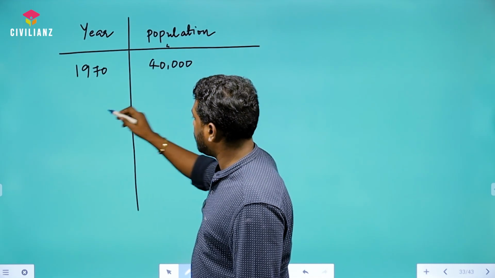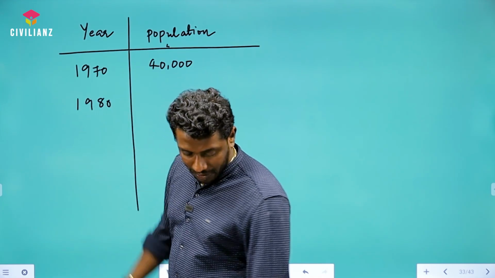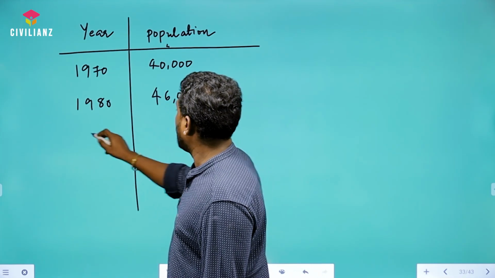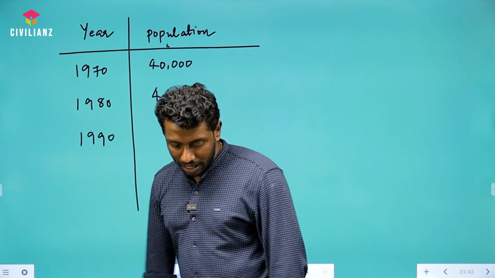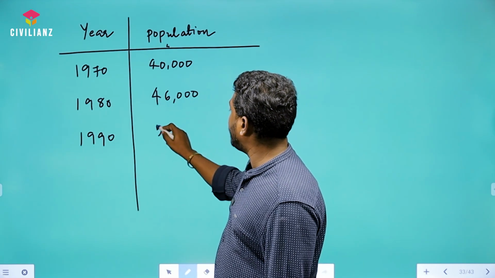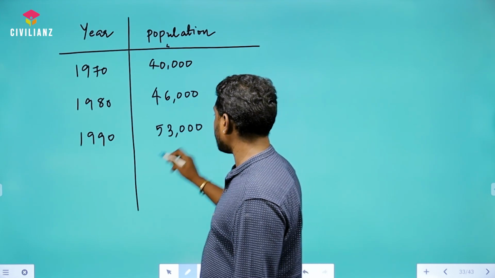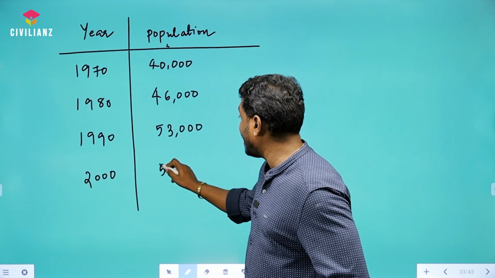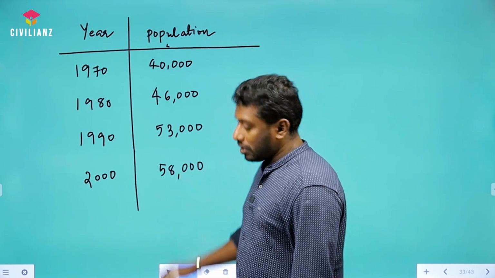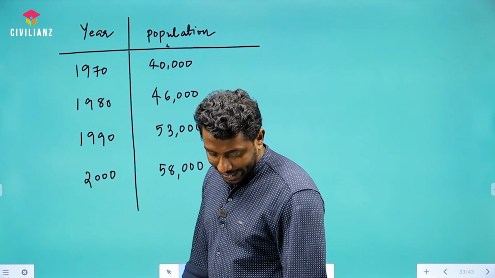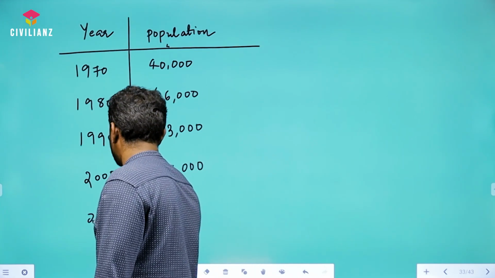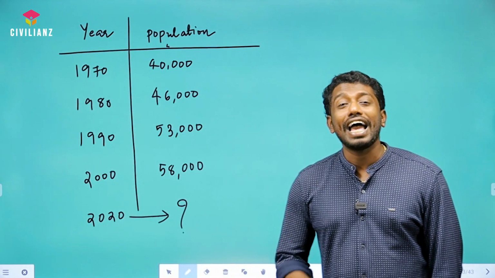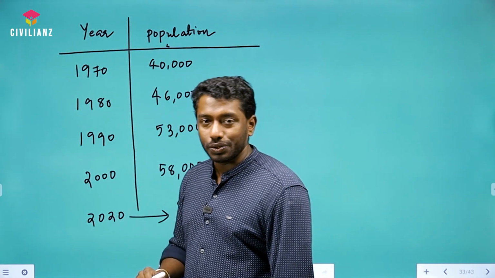In 1980, the population increased to 46,000 from 40,000. In 1990, population again increased to 53,000. And in 2000, population is 58,000. So we are supposed to find the population in 2020 using the arithmetic increase method. How will you do this?